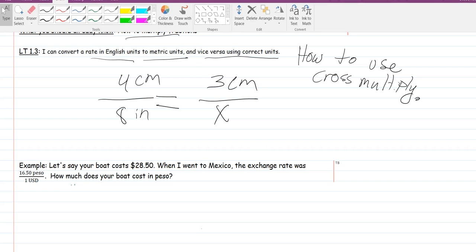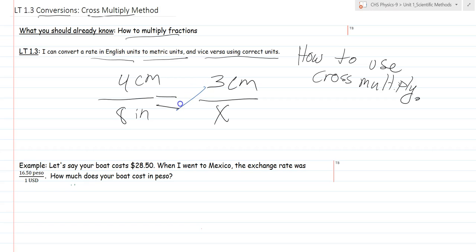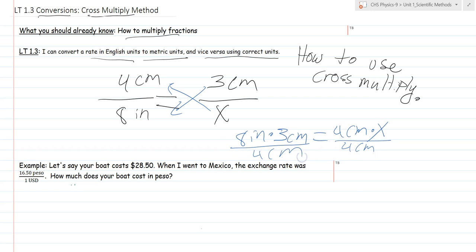And whenever we do a cross multiply problem, we're going to multiply the things that are across from each other. And you've seen this before. So you'd end up having 8 inches times 3 centimeters, and that would equal 4 centimeters times X. Once you have this, we have to get X by itself, so we undo the multiplication by dividing by 4 centimeters on both sides.